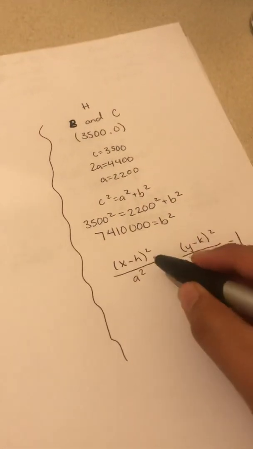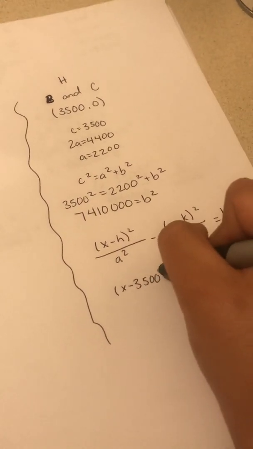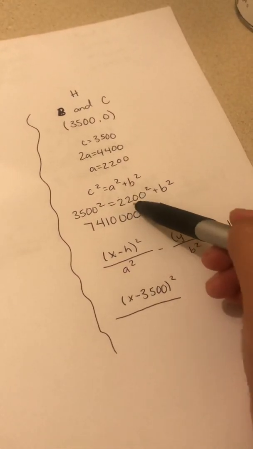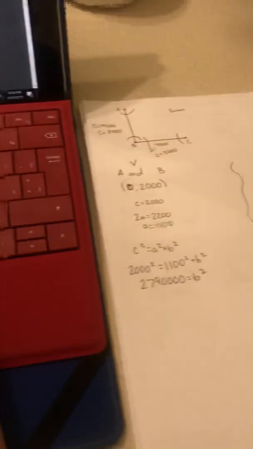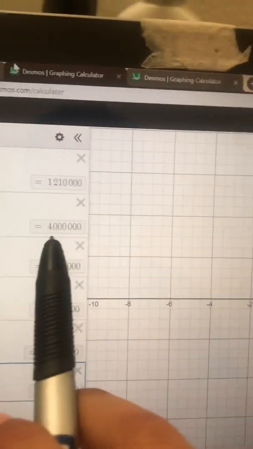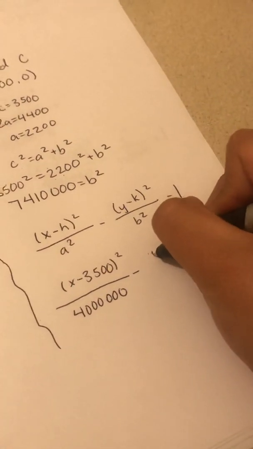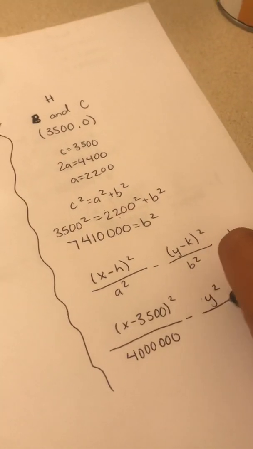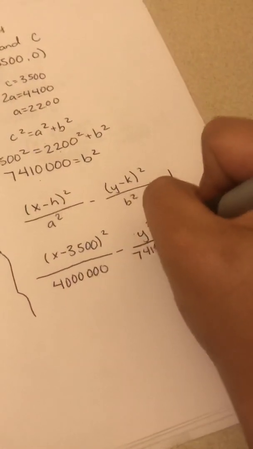And when we substitute in, it's (x minus 3,500) squared. And since a is 2,200, we square that and it gives us 4 million. So we write 4 million minus y squared, because k is just 0 so we don't have to write that, over b squared. And b squared is this, so we're just going to copy that.